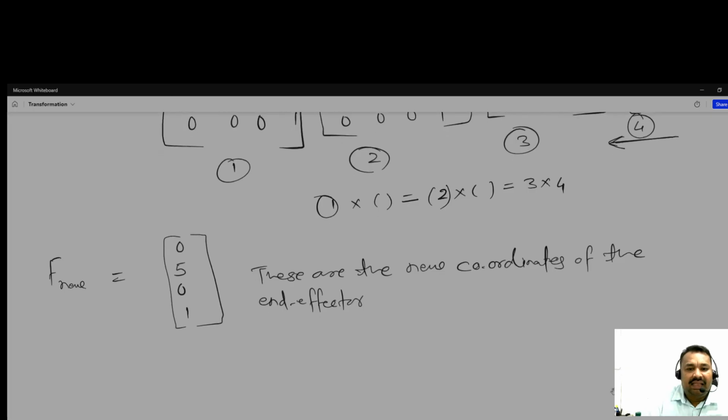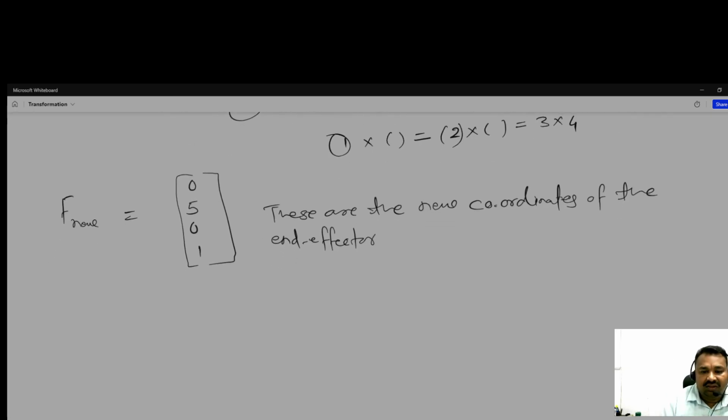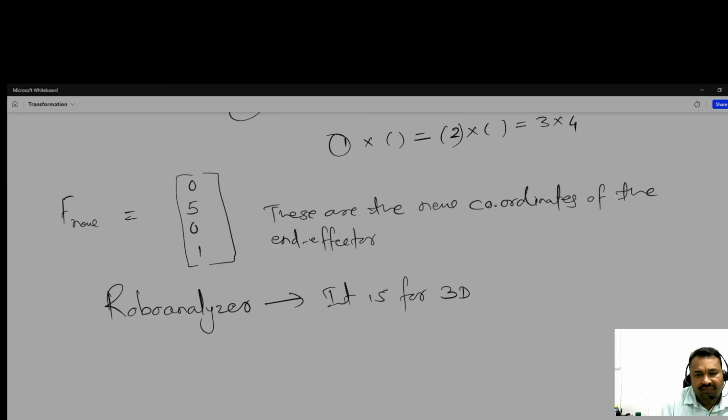Now let us visualize this through the software RoboAnalyzer. It is for 3D model robotic motion visualization.